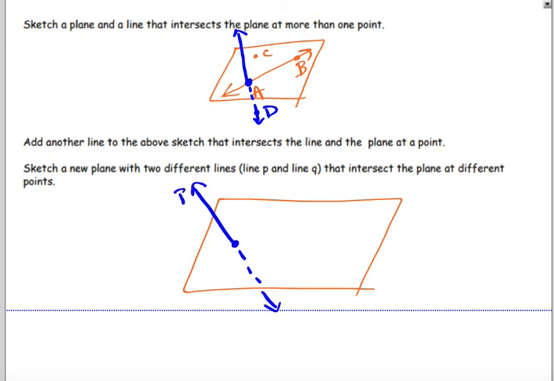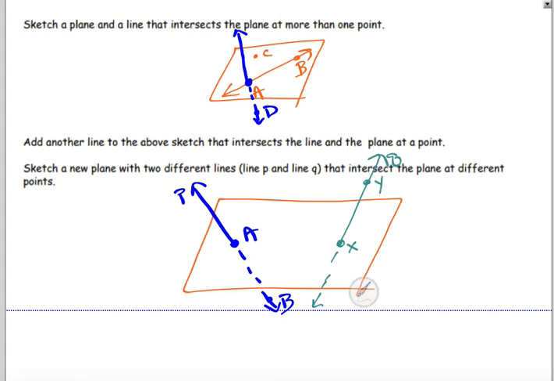This is line P. I'm going to put 2 points on there because it should still have 2 points on it. And the other line, line Q, is going to intersect the plane at a different point, and so calling that Q and adding some points on there, X and Y.